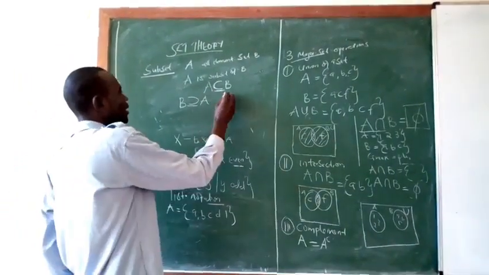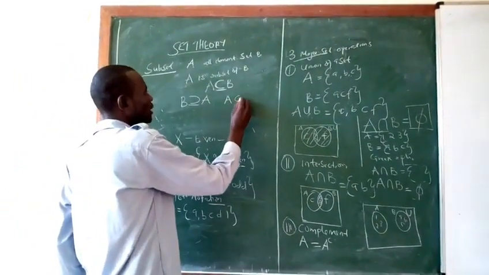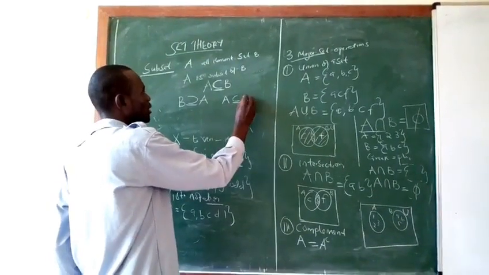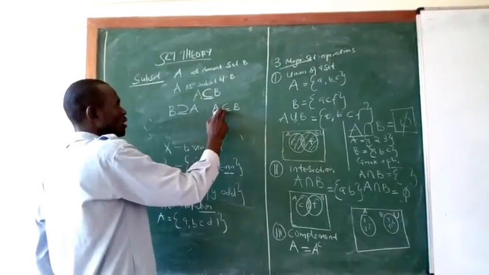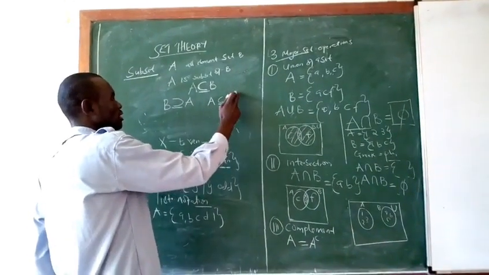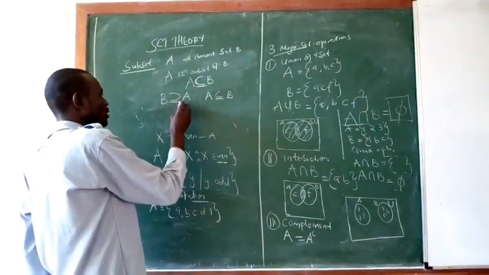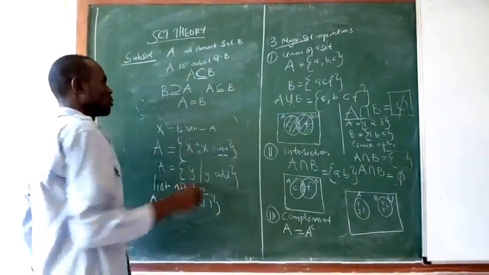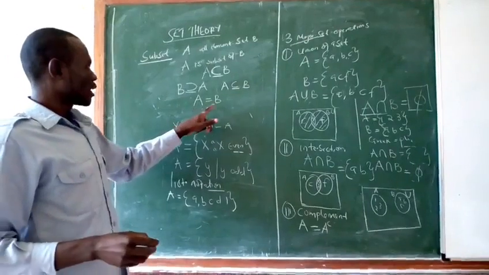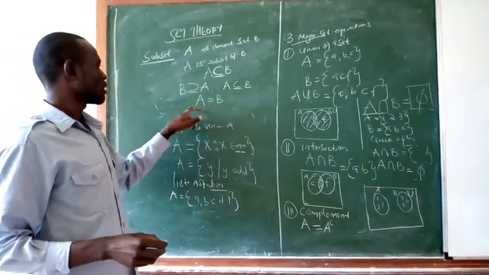When A is a subset of B, it's also possible to write A equals B, meaning the sets A and B are equal because they have the same elements.